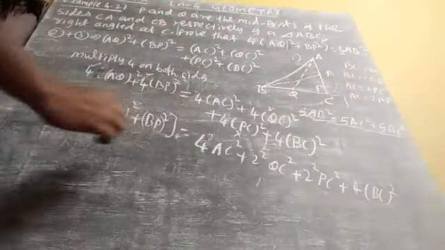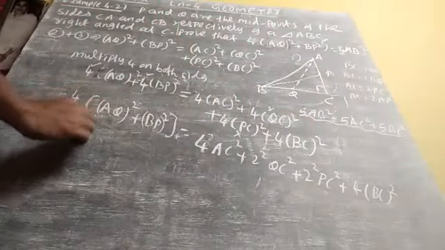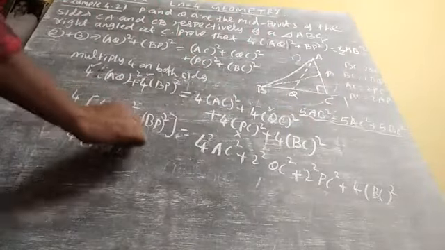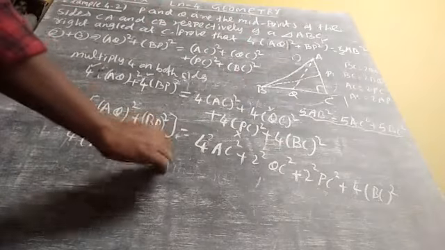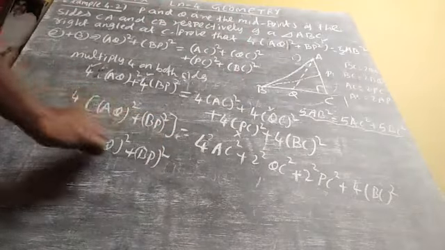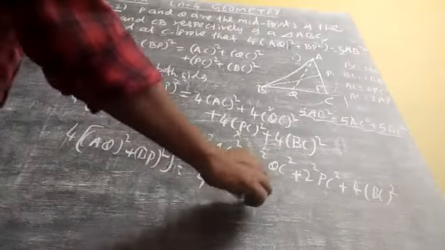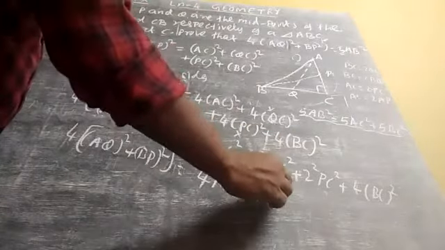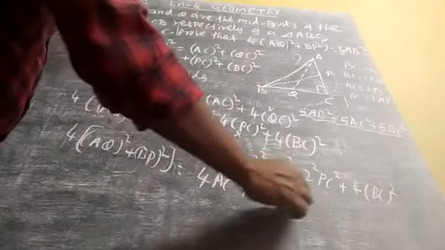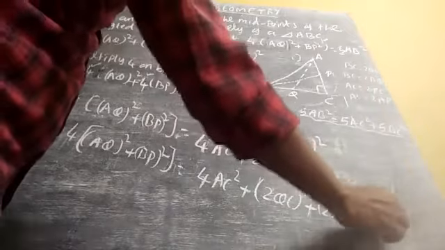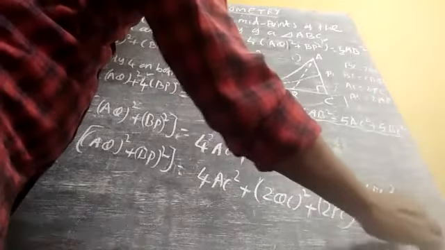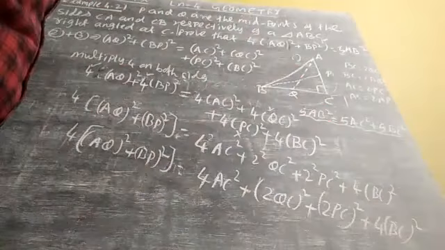With 2 square common, this is 4AC square plus (2QC) square plus (2PC) square plus 4BC square.